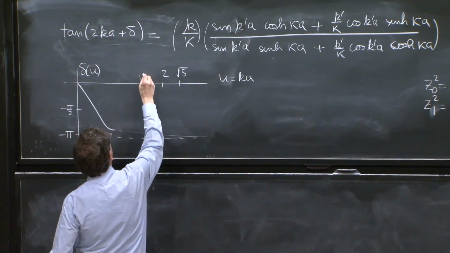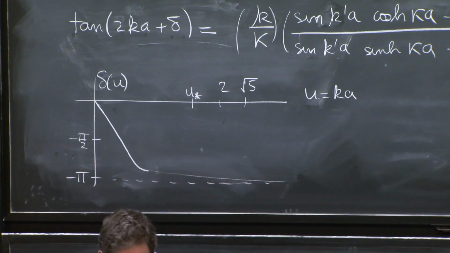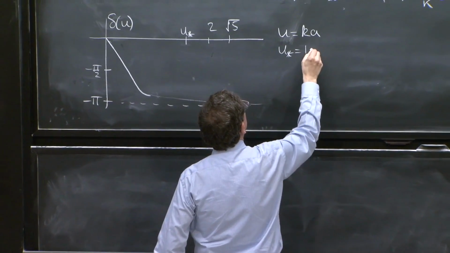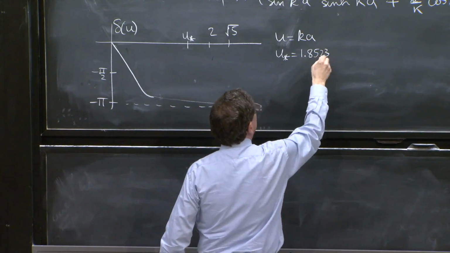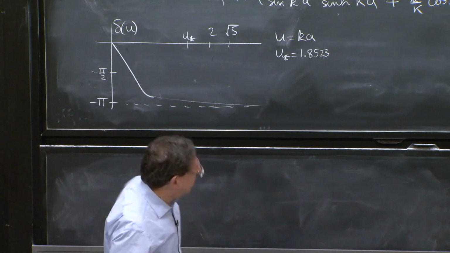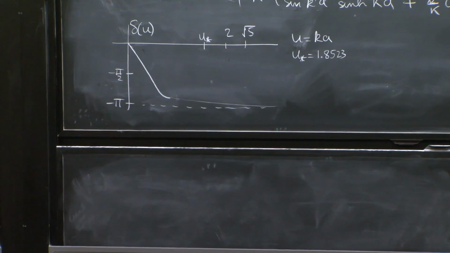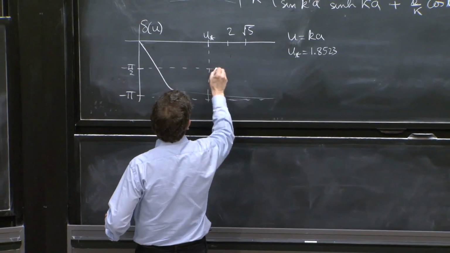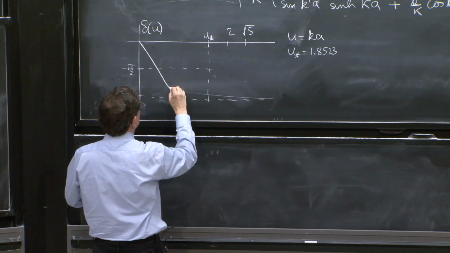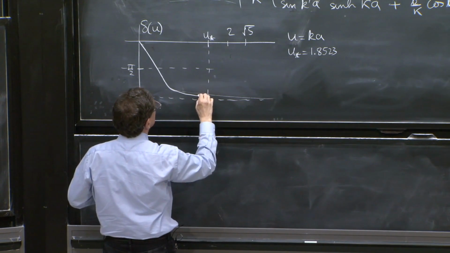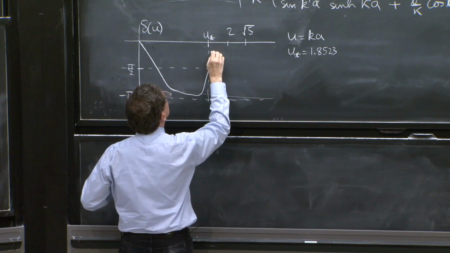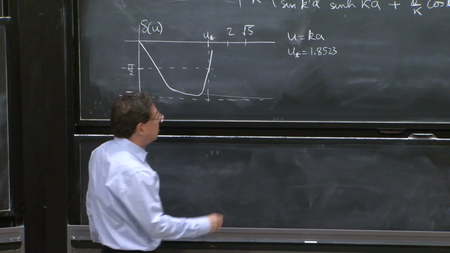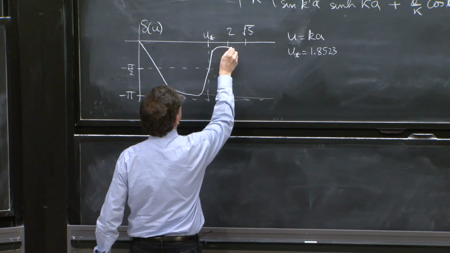At some value u star, which is about 1.8523, I think, that's what I calculated, the phase that is almost minus pi suddenly jumps very, very fast, crosses minus pi over 2, and then it seems to do something like this.